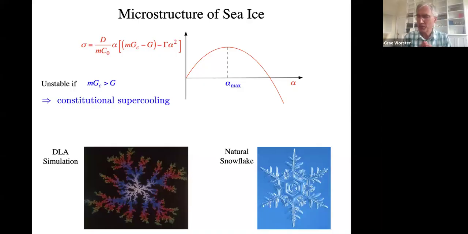And it's that competition between a diffusive process, which tends to create lots of anisotropy, very diffuse sort of behavior, and surface tension, which tries to be very regimented, very ordered and structured. And the competition between those two gives you these beautiful branched patterns that one sees in snowflakes, for example.